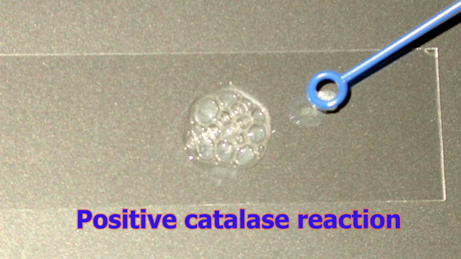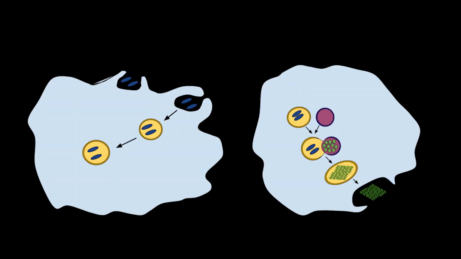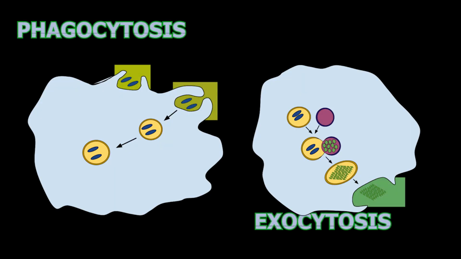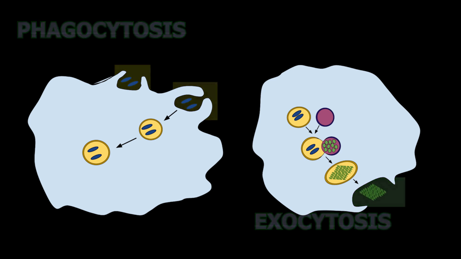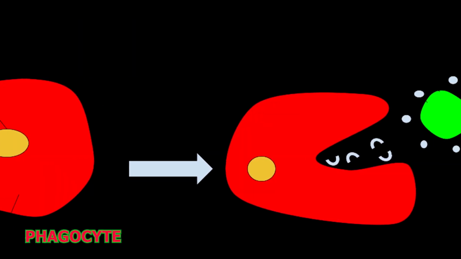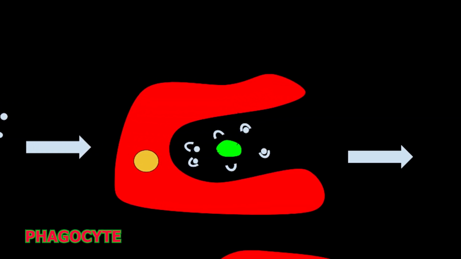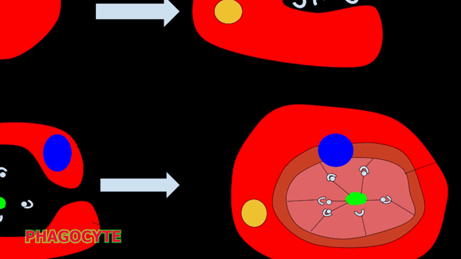Catalase is an enzyme that catalyzes the decomposition of hydrogen peroxide to water and oxygen. Neutrophils and other phagocytic cells use peroxidase to kill bacteria. The enzyme NADPH oxidase generates superoxide within the phagosomes that is converted to hypochlorous acid, an oxidizing agent that kills phagocytosed pathogens.